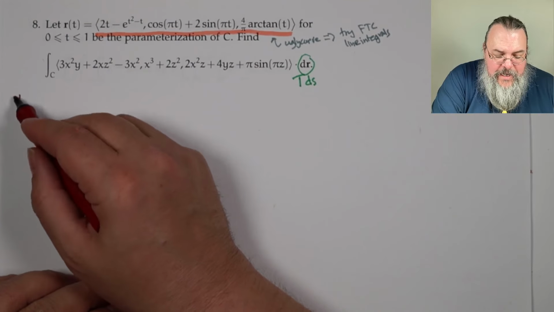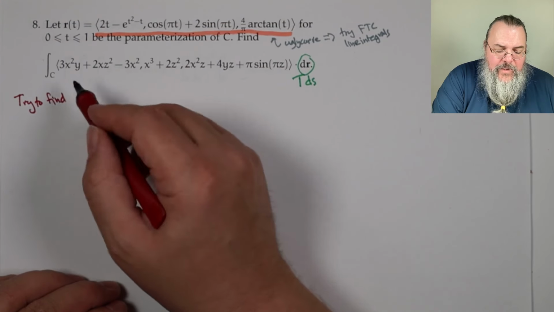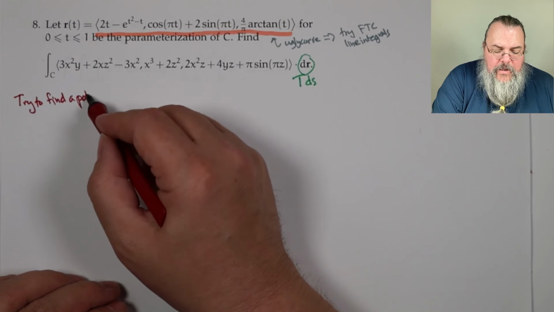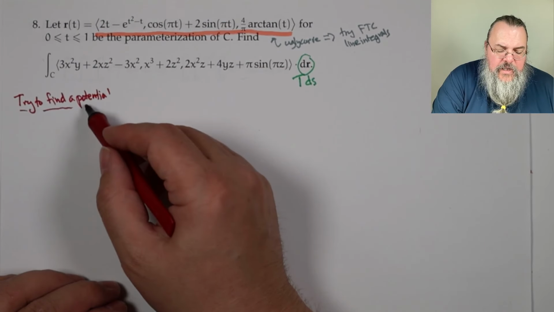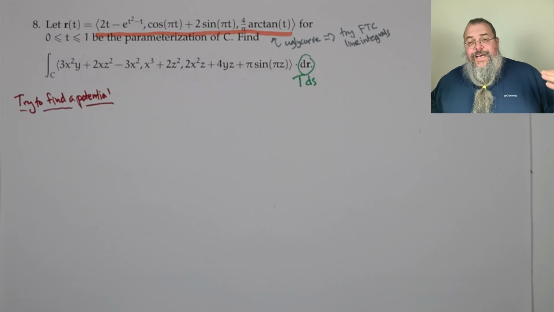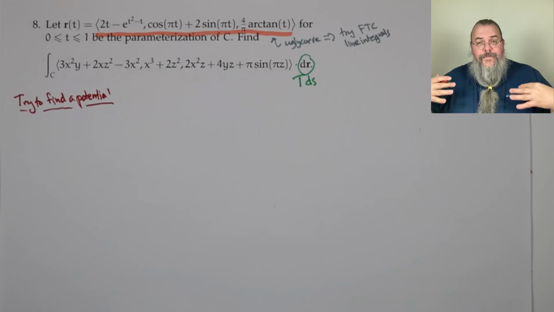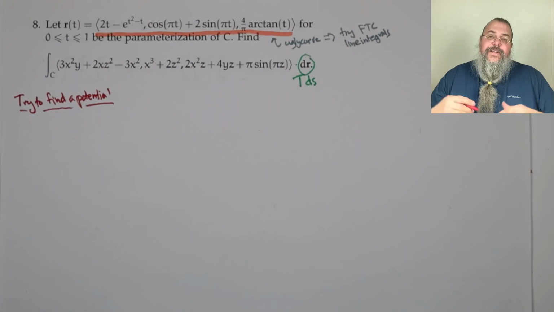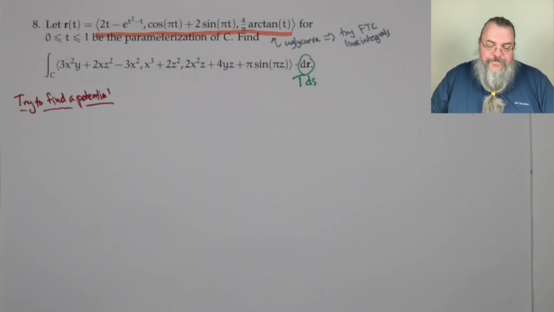So try to find a potential. Now, if we fail, we reset and say, well, let's think of what we can do. But oftentimes, when we have a problem phrased to us in this way, it says, oh, this is likely a conservative line integral. Line integrals of conservative functions are easy if you can find the potential.